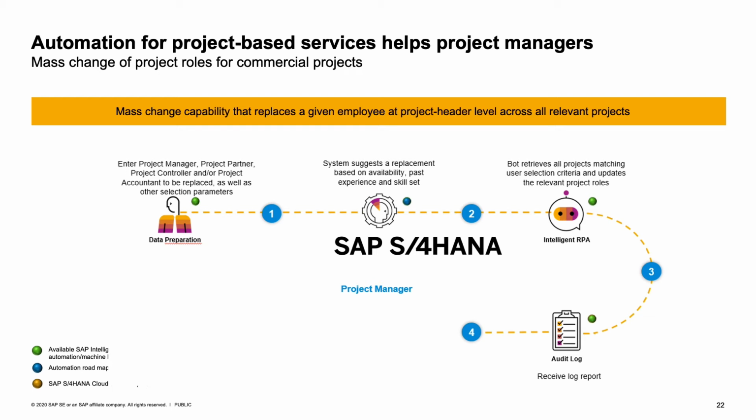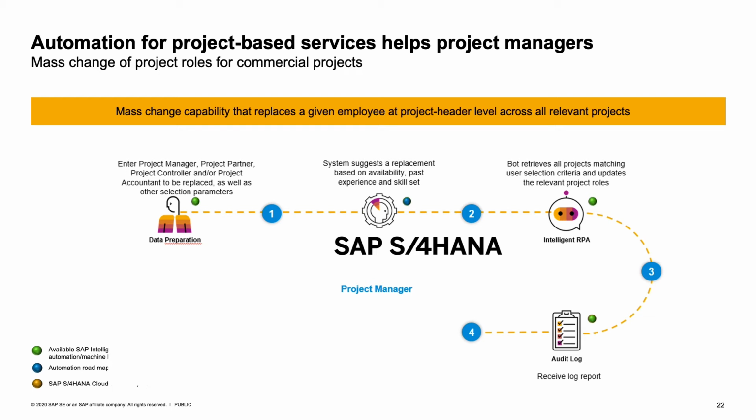We have a project environment where you have multiple project stakeholders working on different commercial projects. When the employees are changing their roles, it is necessary to mass update these projects with the right project stakeholders at the project header level across all relevant projects.